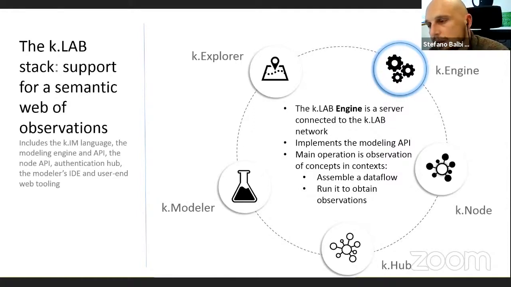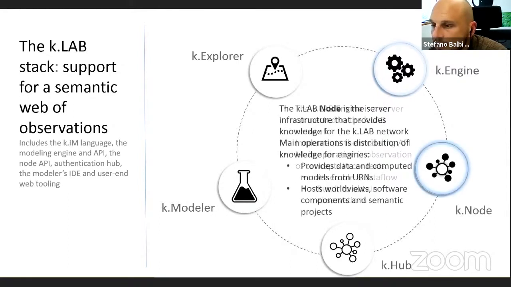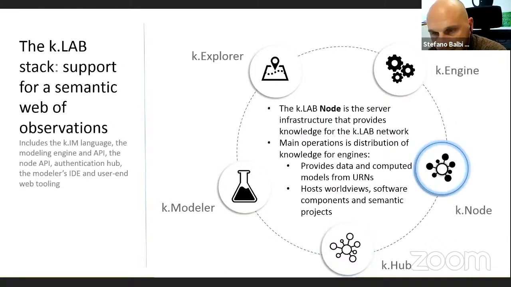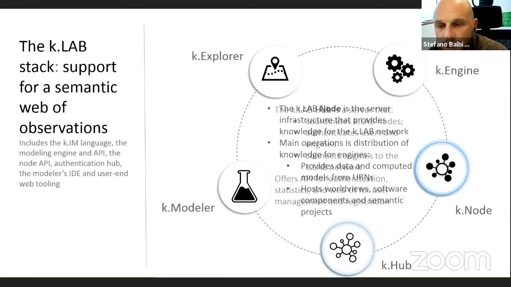With the engine, you connect to a node, and first of all, you need to authenticate and create your own user profile. And then when you are in the network, you are basically using many nodes of the network that can contain data and models. And then we have a user interface.